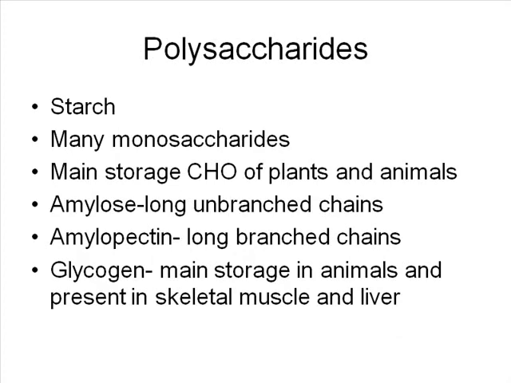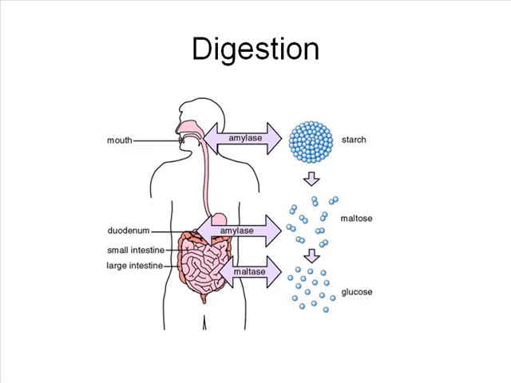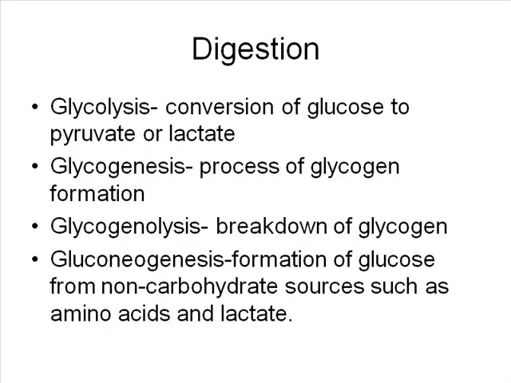Starches, we know, are long chains of many carbohydrates. We have different types of starches, glycogen being the storage starch in most animals. And in man, we have glycogen. We know how things are digested, how they're saved.